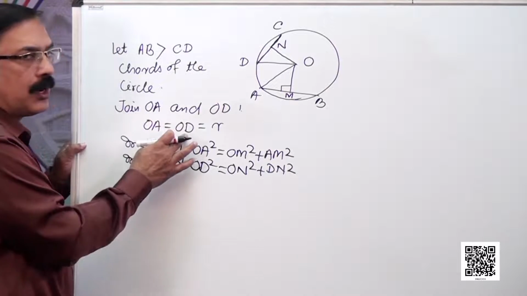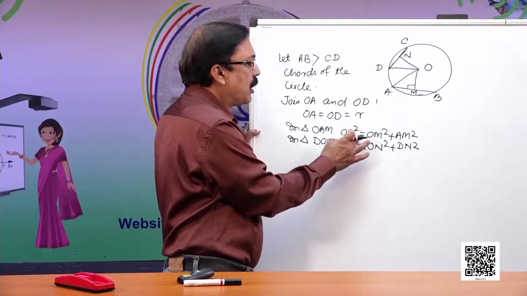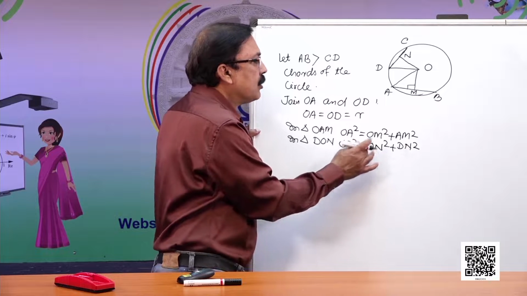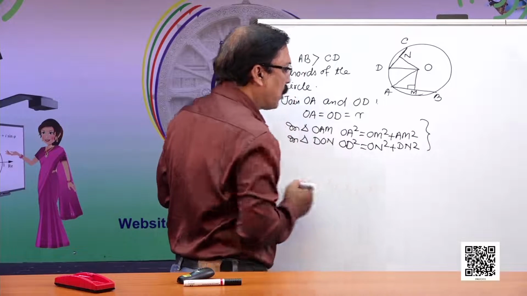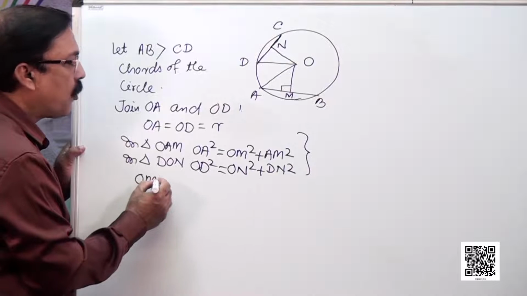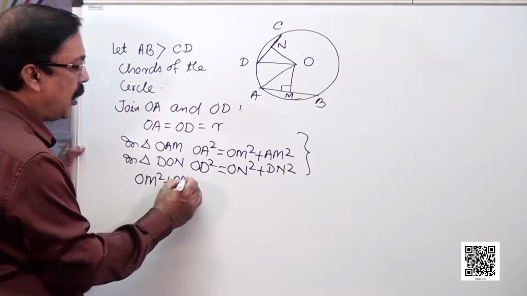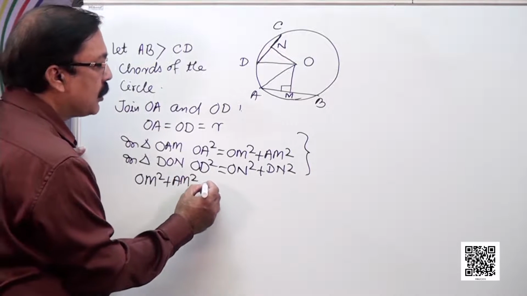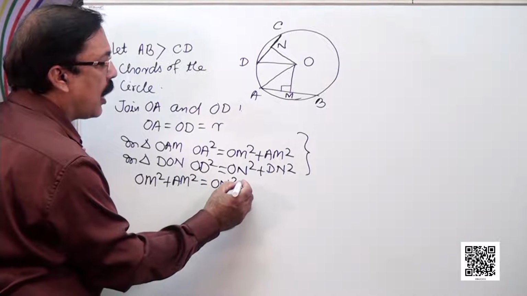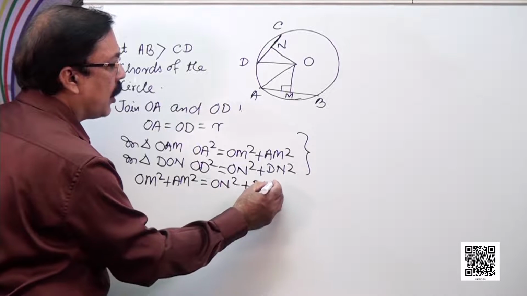As OA is equal to OD, OA square is equal to OD square. So from these three, we conclude that OM square plus AM square is equal to ON square plus DN square.